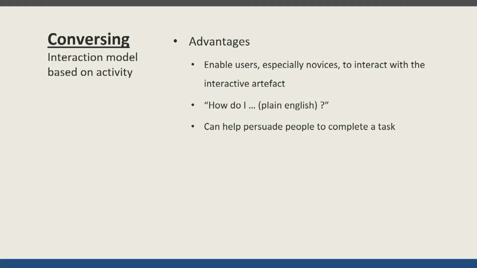Now, there are advantages to this interaction model as well. It enables users, especially novices. Even kids can ask very simple questions to a natural language enabled search engine. So it enables users, especially novices, to interact with the interactive artifact. You need not be a frequent user nor an expert user.